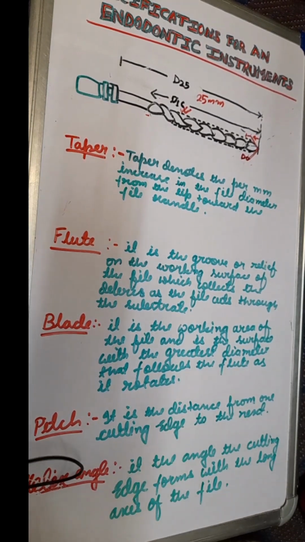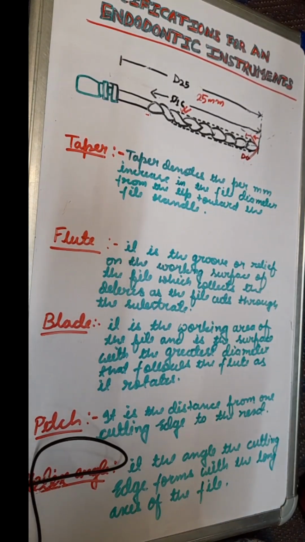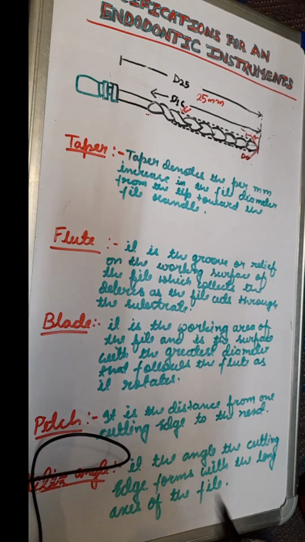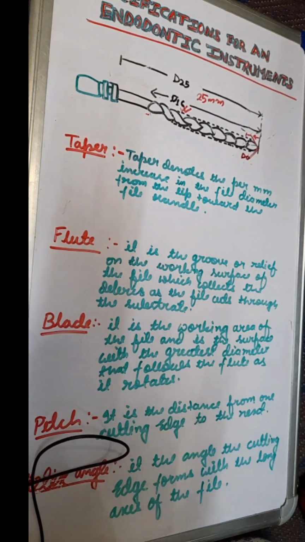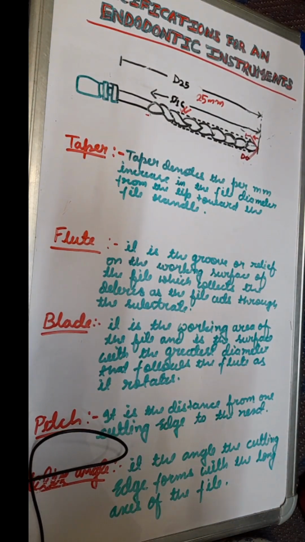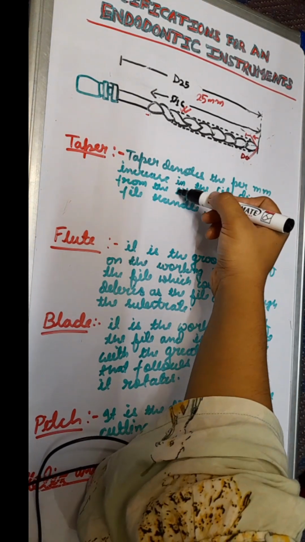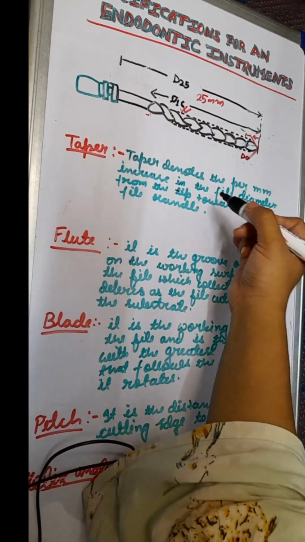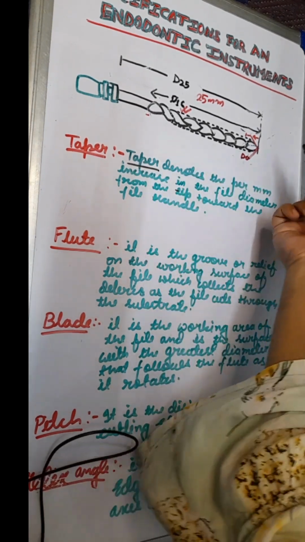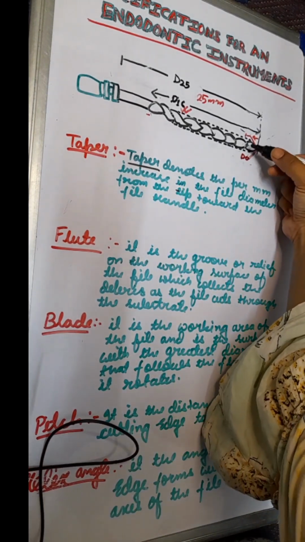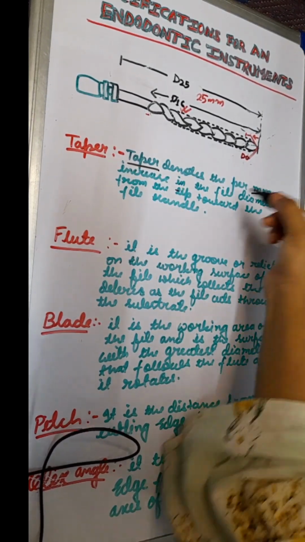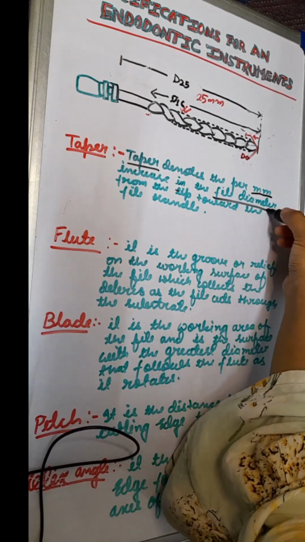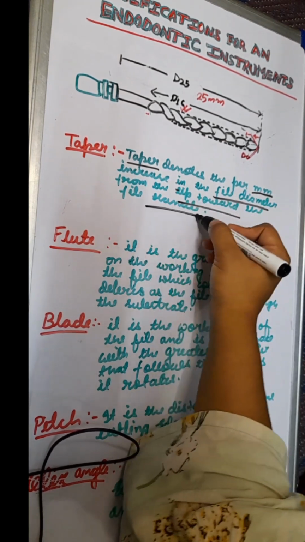Now, some terminologies of the specification for an endodontic instrument. Taper denotes the per millimeter increase in the file diameter from the tip towards the file handle. Earlier, I have said the per millimeter increase in file diameter from the tip towards the handle.